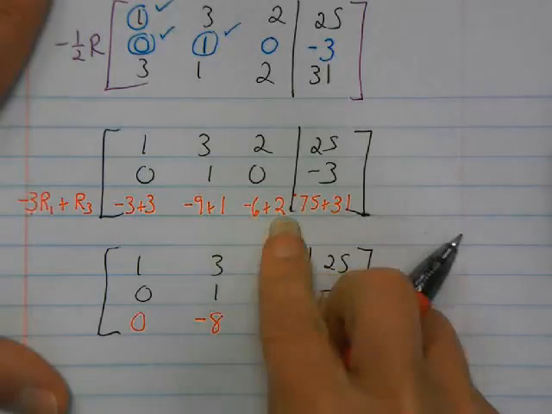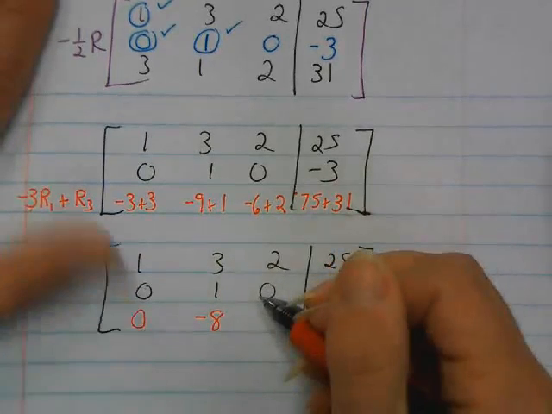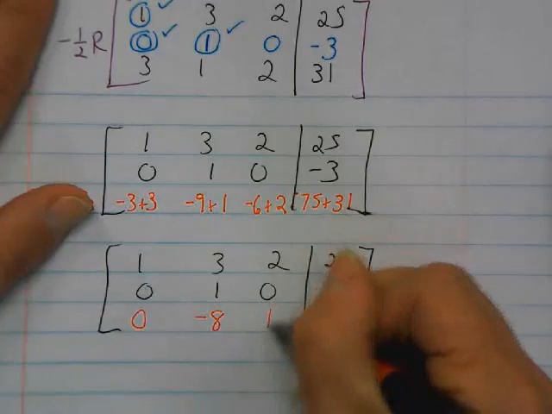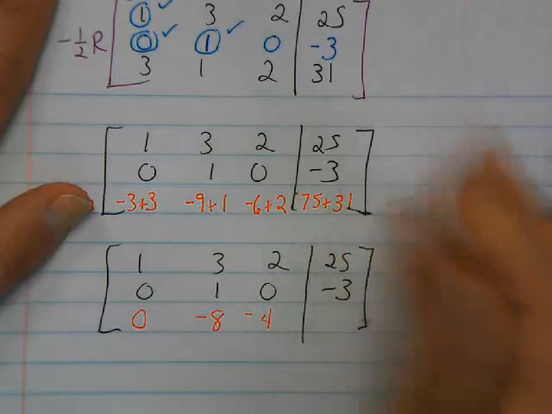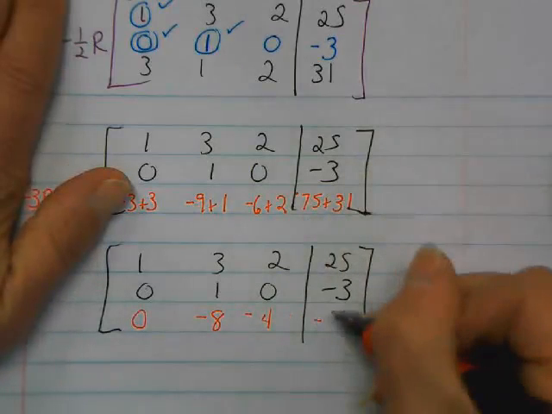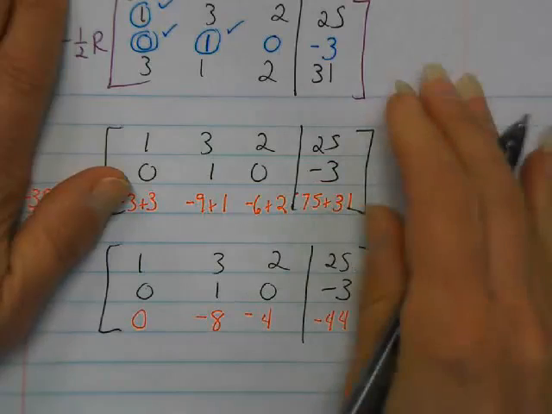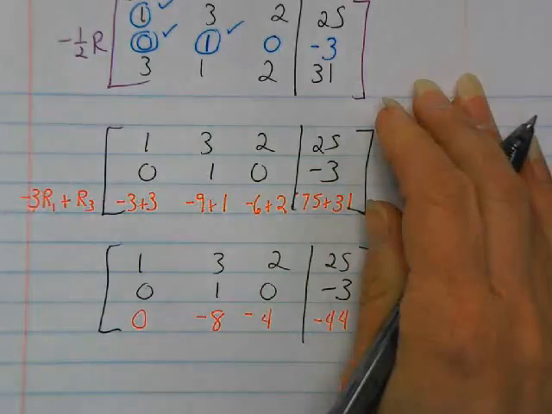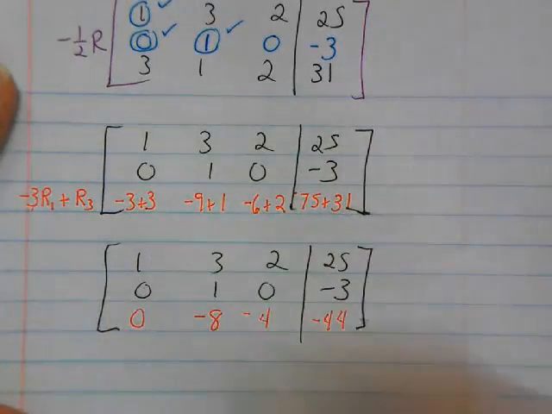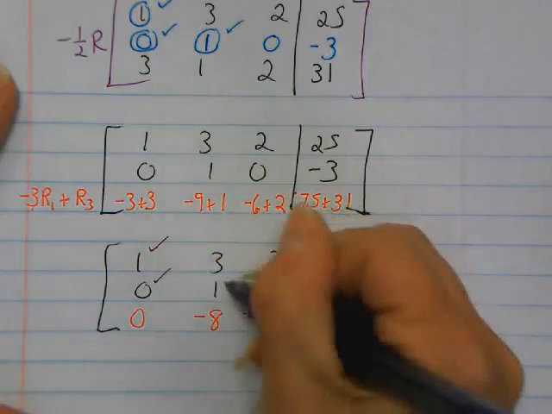Negative 6 and 2 is negative 4. And let's see, negative 75 and 31 is a negative 44. Alright, so let's check. That's a 1. That's a good thing. This is a 0. This is a 1. This is a 0.